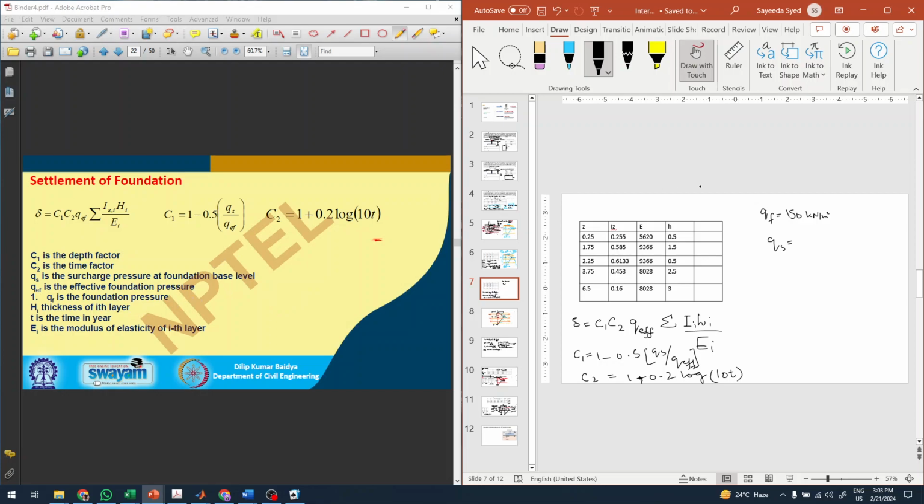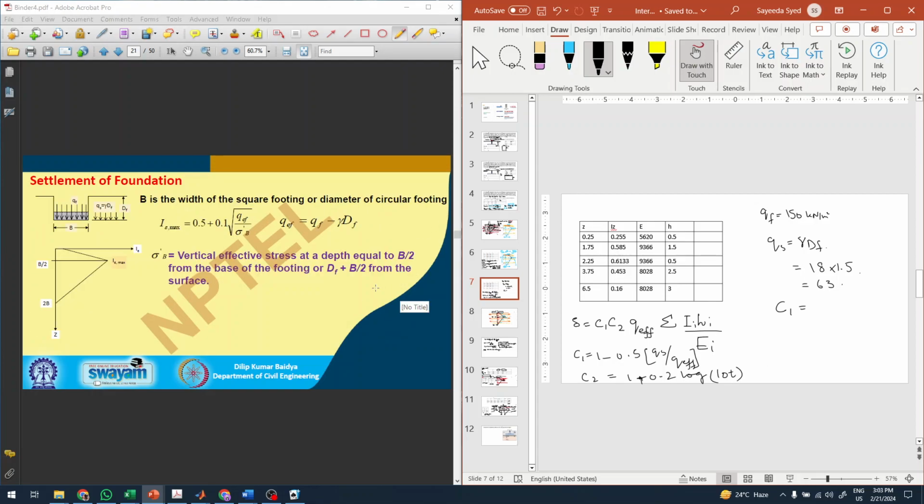So at base level it will be gamma Df, 18 into 1.5. Calculating C1, let's check this.